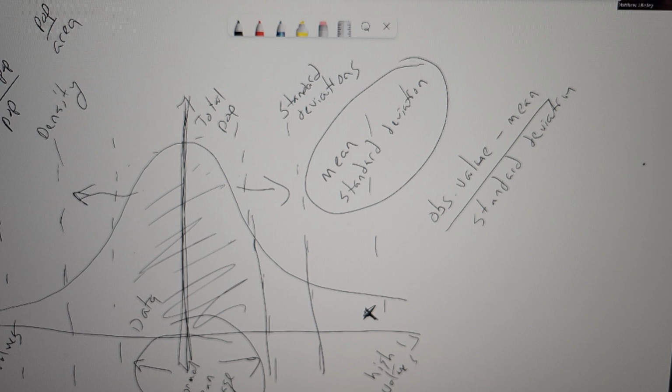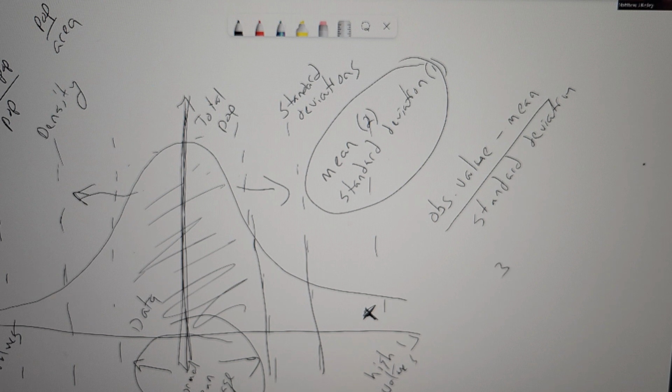Let's say the standard deviation of our data set is 1, and our average for the data set is 2, and our observed value is 3. So we take a value from our data set that is 3.